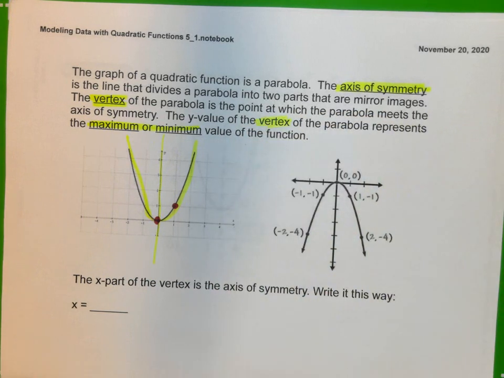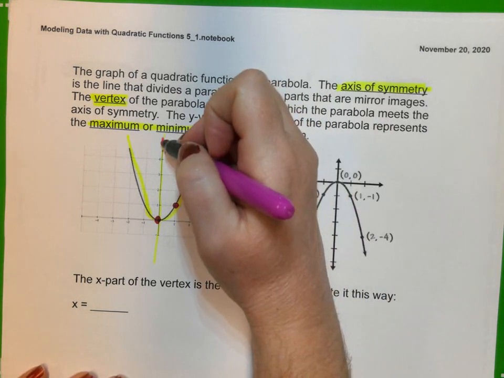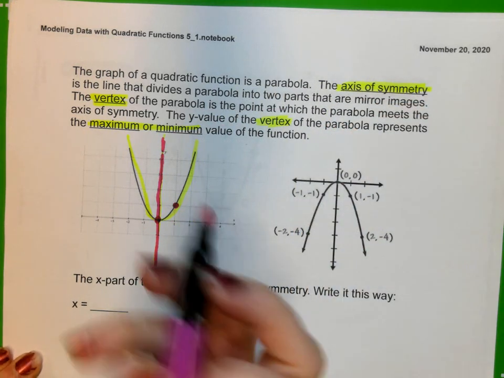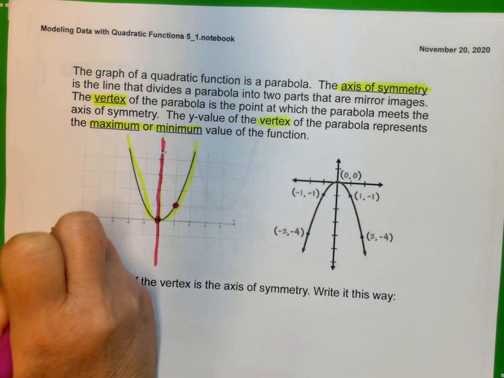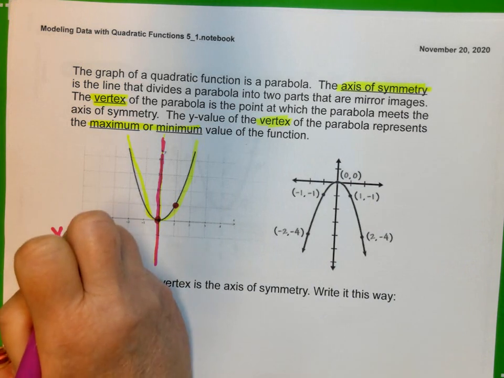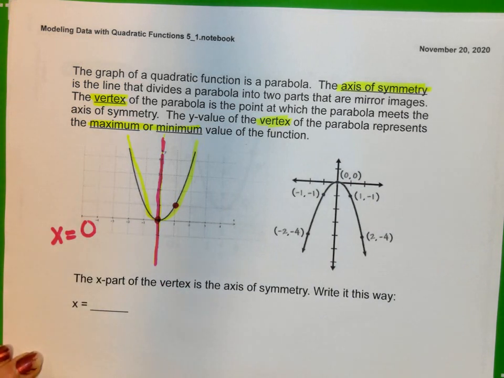Okay, we'll talk about those in a second. The vertex, it comes from the vertex. So we take a look at this first one. And we can see that the axis of symmetry is right here. And any vertical line has the equation x equals. What does x equal in this case? Well, x equals 0. So the axis of symmetry is x equals 0.